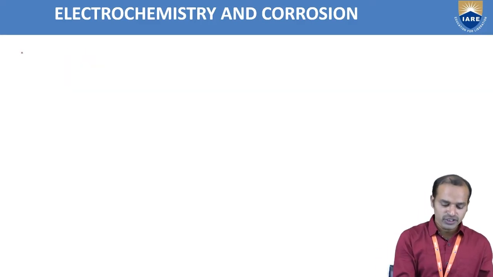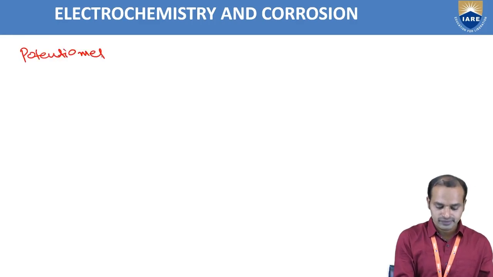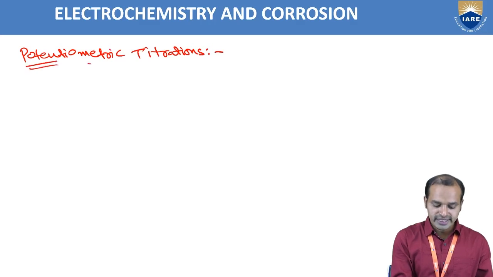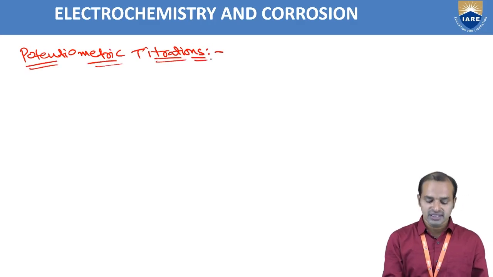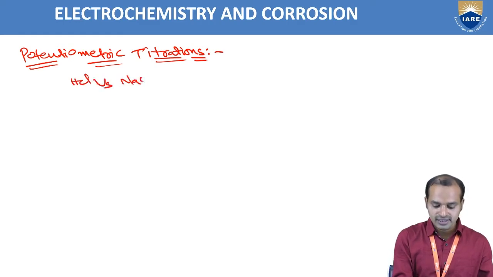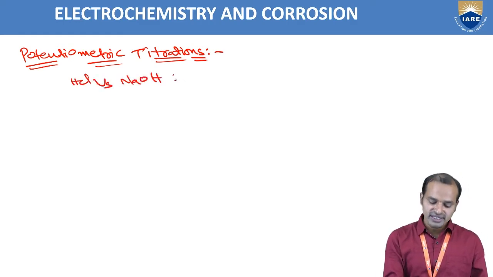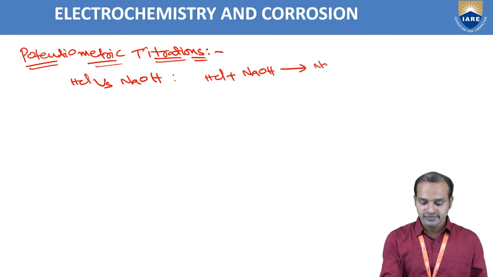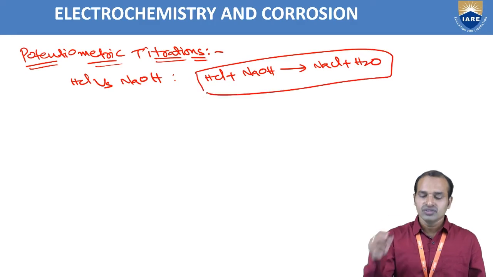Next one, that is potentiometric titrations. In the potentiometric titrations, let us discuss the strong acid versus strong base, that is HCl versus NaOH. The chemical reaction is HCl reacts with NaOH to form NaCl plus H2O.